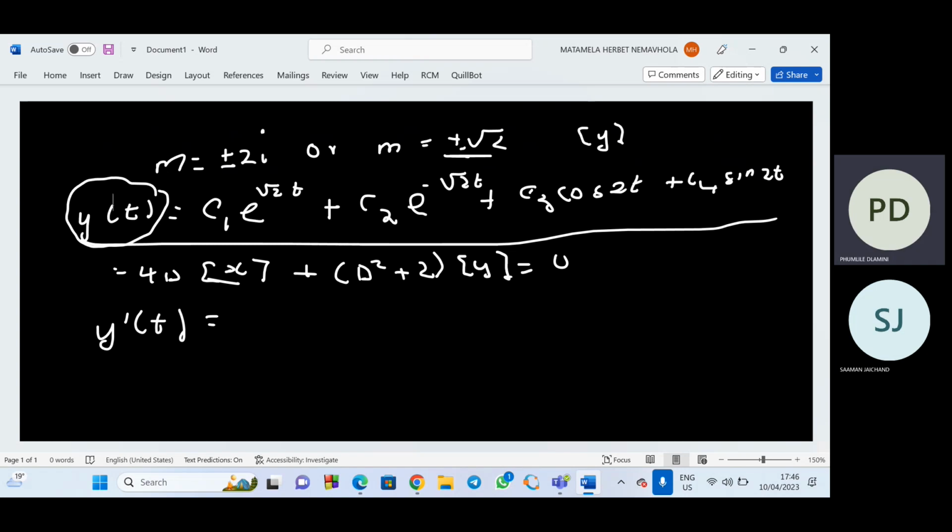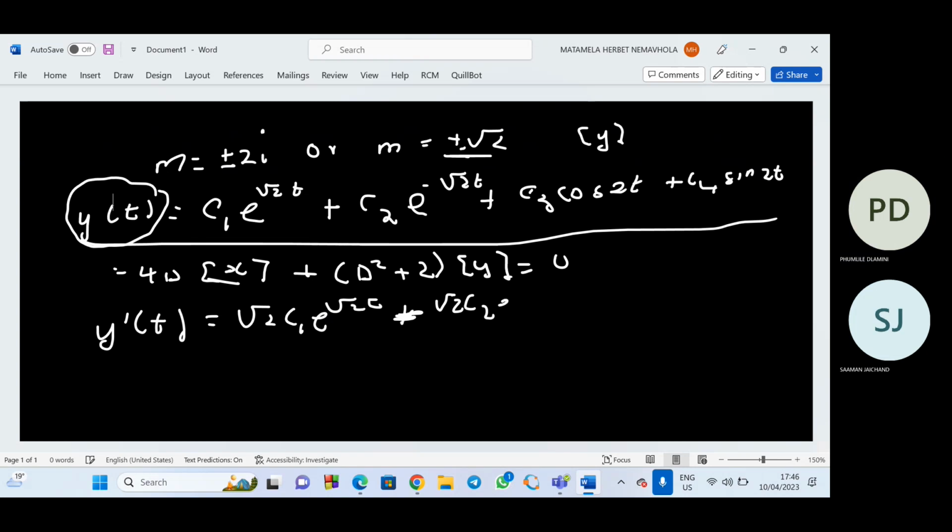When I find y prime of t, you're going to see that it is going to be C1. When we differentiate e to the power square root of 2t, we're going to get square root of 2 C1 e to the power square root of 2t plus, when we differentiate the negative, change the sign here to be negative square root of 2 C2 e to the power negative square root of 2t.